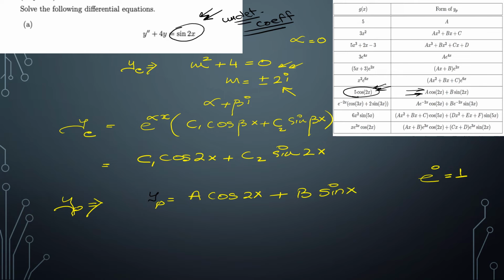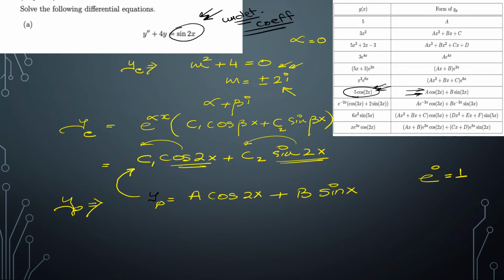But what I can see over here when I compare my particular solution with my complementary solution is that cos 2x is already written with some arbitrary constant. Similarly, sin 2x is already written with some arbitrary constant.